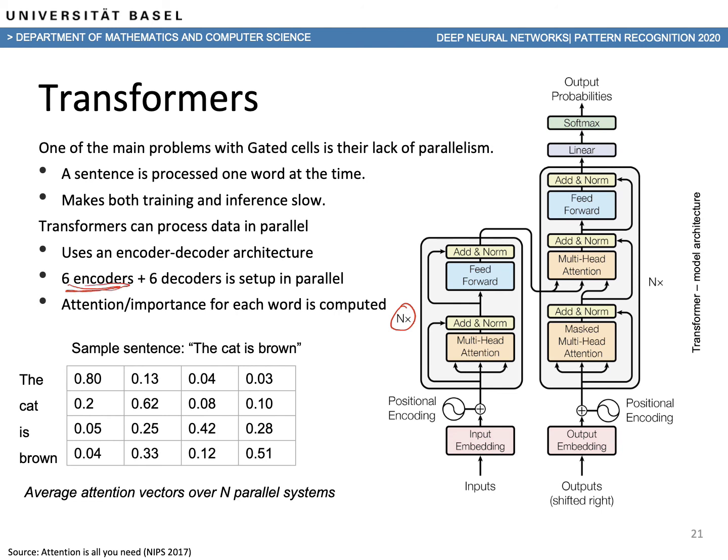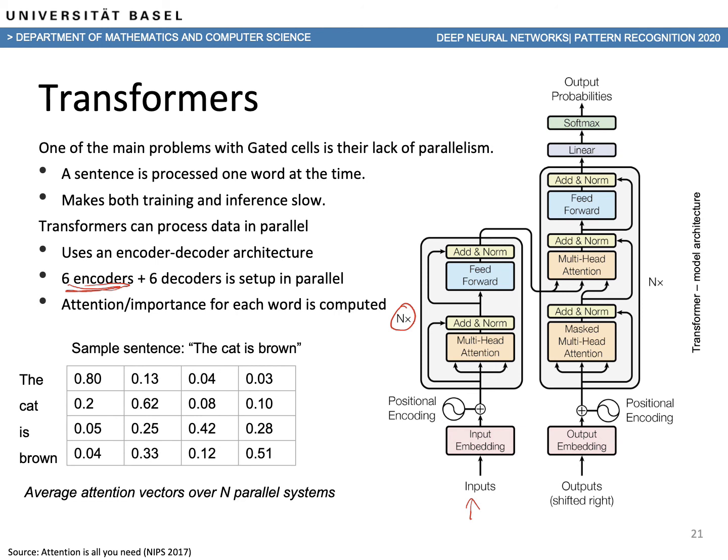So we'll have our input, the cat is brown. This is put in all in parallel, and then we're doing the word embedding. Each word is embedded. We are also adding a positional encoder to this embedding, such that we know where in the sentence this word is positioned.